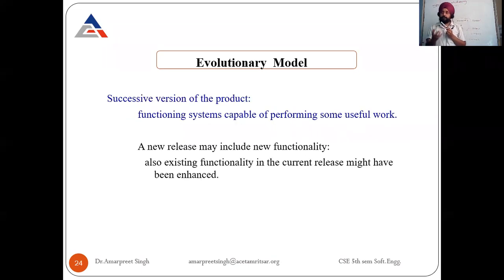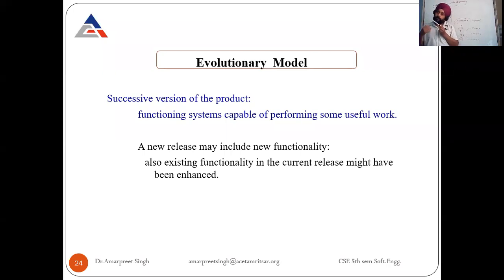You are getting successive versions of the product, each a successive functioning system capable of performing some useful work. You make a new release which may include new functionality, new features. Also, existing functionality in the current release might have been enhanced. Sometimes the new function is not there, but the already present functions can be enhanced.